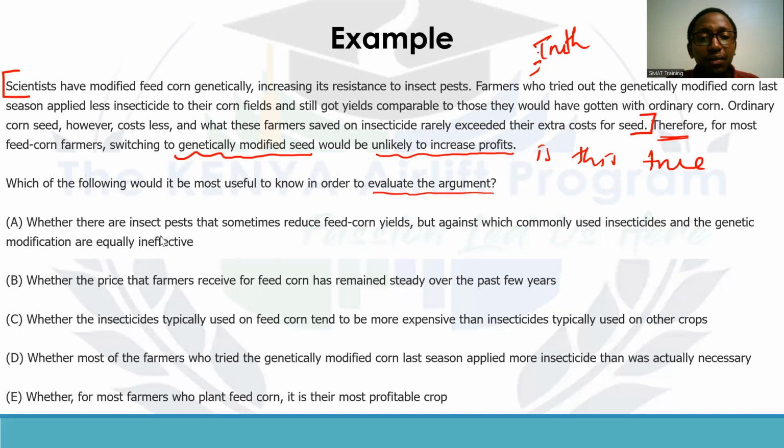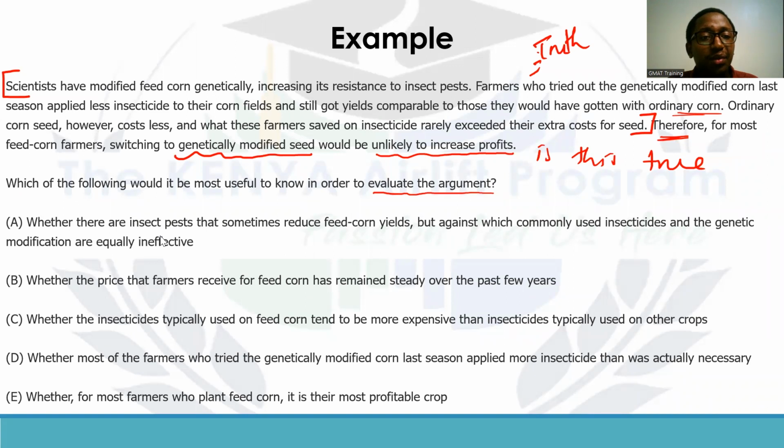So A, whether there are insect pests that sometimes reduce feed corn yields, but against which commonly used insecticides and the genetic modification are equally ineffective. So we see now, because remember we are comparing genetically modified seed to the corn that is not modified, that is ordinary corn.